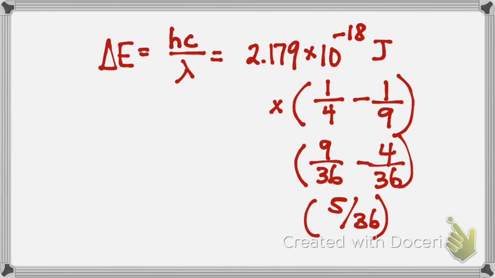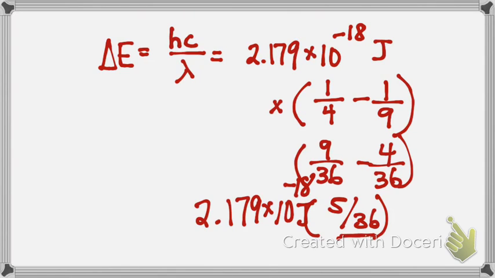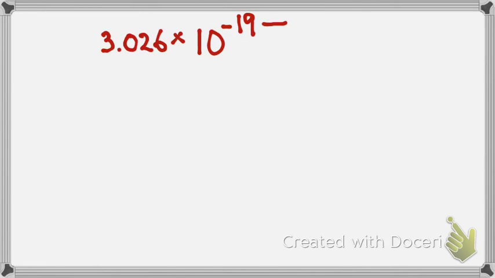And I'm just going to multiply that by 2.179 times 10 to the minus 18 joules. This is dimensionless, so my unit is going to be a joule. And when I simplify this, I get an answer of 3.026 times 10 to the minus 19 joules.